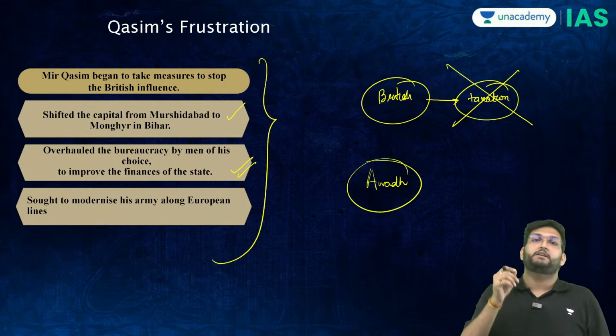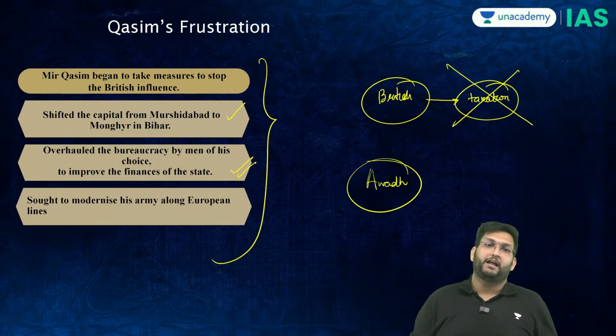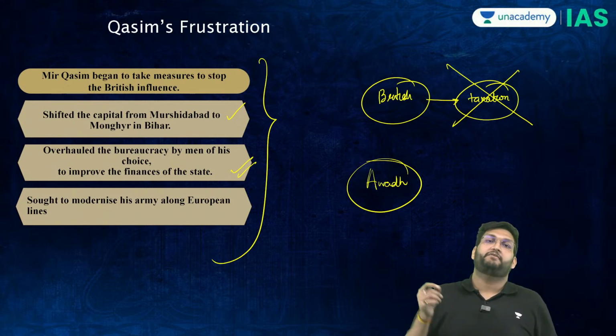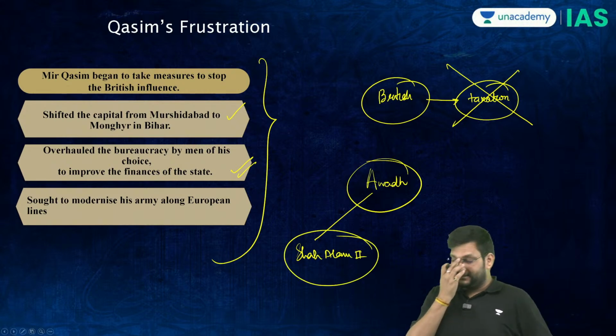And he will meet with a person called Shuja-ud-Daula. He will say to Shuja-ud-Daula, things are going out of hand in the Bengal sector. Please help me fight the British. Shuja-ud-Daula will say, why not also involve the Mughal emperor? His name Shah Alam II, something which I taught just today morning in the class itself.